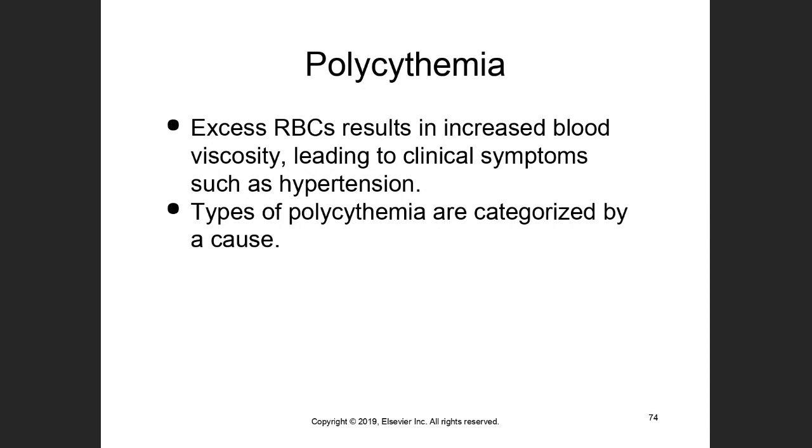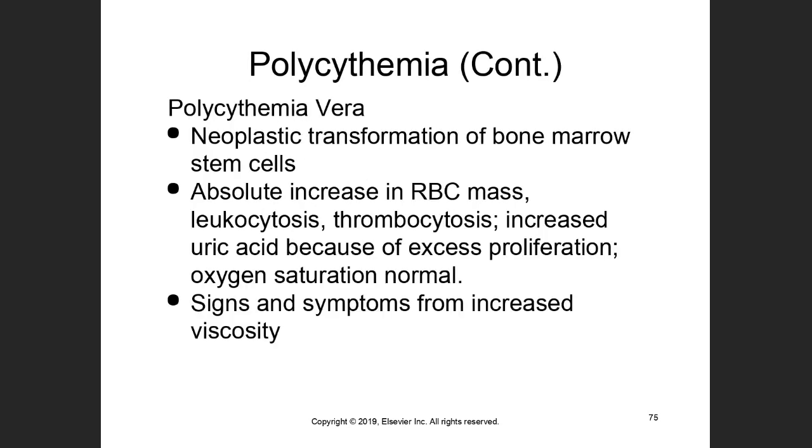Polycythemia, remember, is a lot of red blood cells, and we have two types of polycythemia, primary and secondary. Primary polycythemia vera is due to neoplasia, okay, and the erythropoietin is normal to low. In secondary polycythemia, the erythropoietin is always increased, because it's due to another condition.